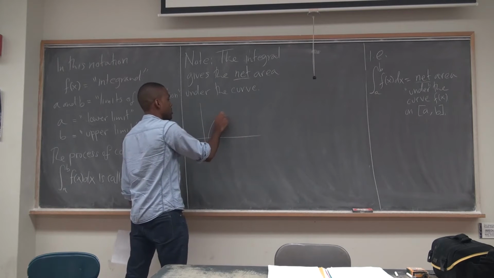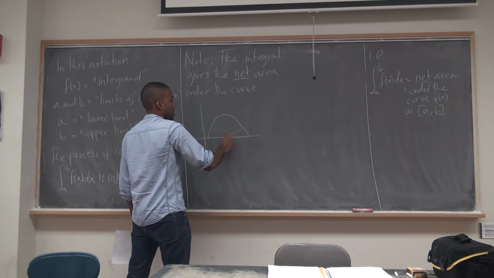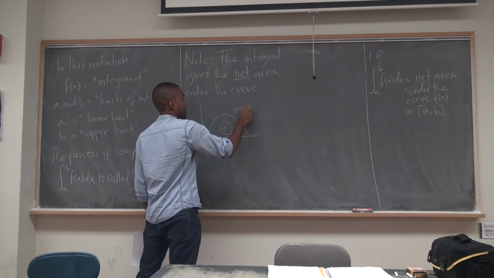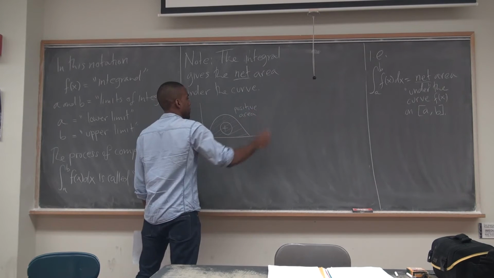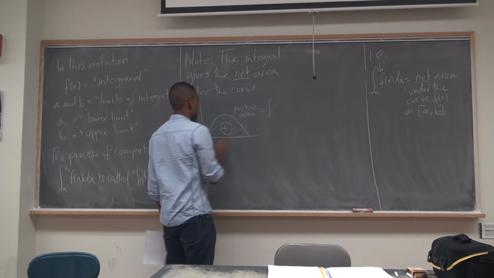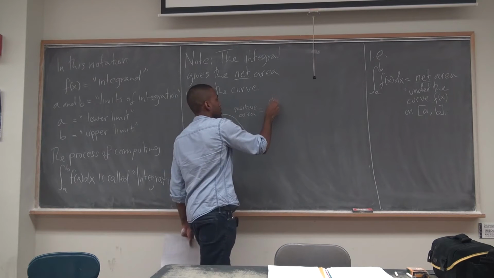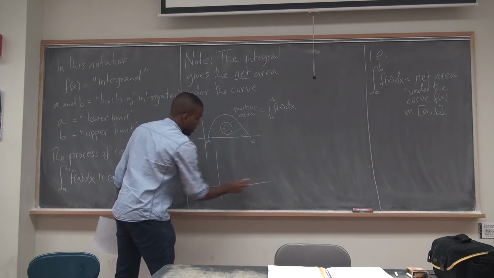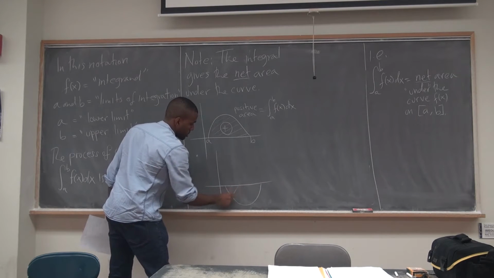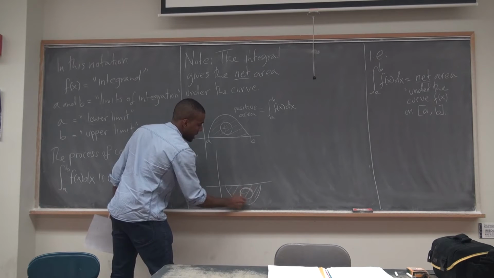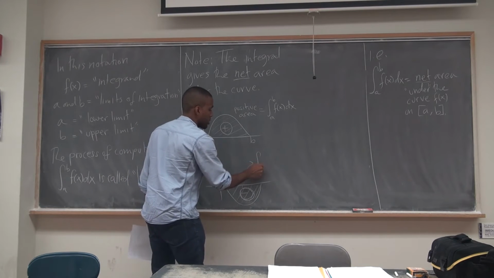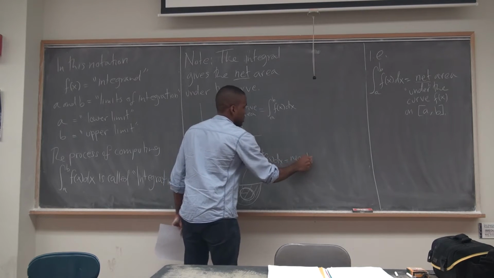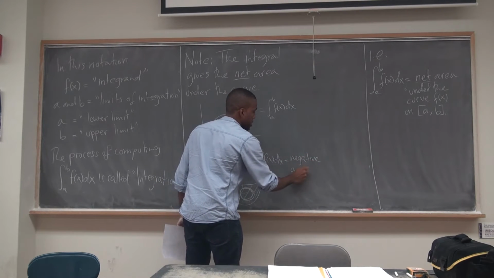That is, if your curve is above the x-axis, from a to b, then computing that would give you a positive area. If your function is below the x-axis, you actually get a negative area. It's going to be the negative of the area between the x-axis and the function.